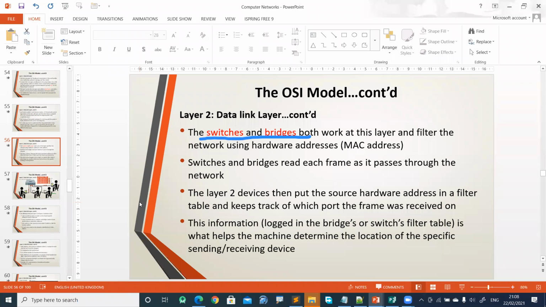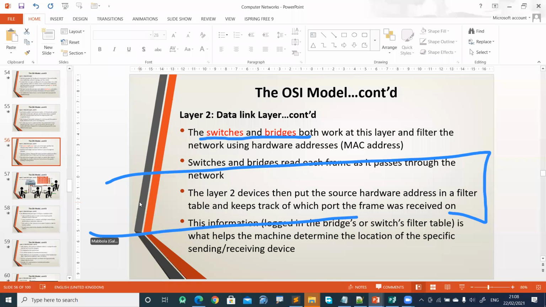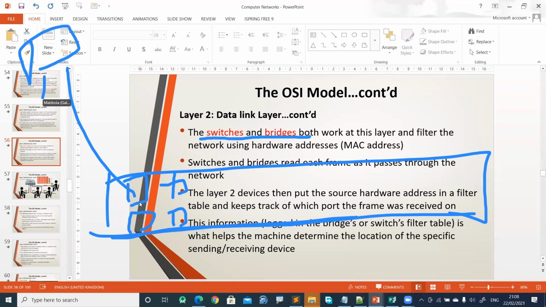I already told you that a switch is just this big machine with all these holes, we call them ports, and you connect a computer to it, and then you connect another computer to it. So it's like an adapter. A switch is found at layer 2.